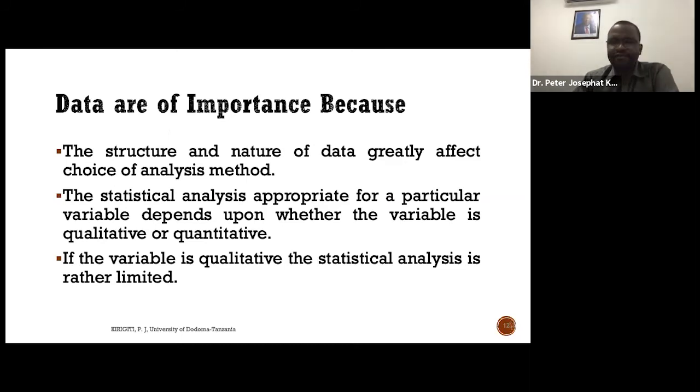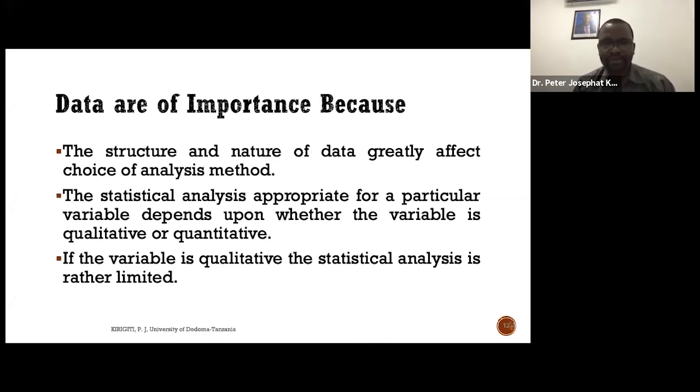Data, as I've said, is very, very important because the structure and the nature of data greatly affect the choice of analysis method. We have the way of analyzing qualitative data, then we have the way of analyzing quantitative data. But under quantitative data, we have discrete and we have continuous data. Now, as we know, having data, we need to apply the test statistics.